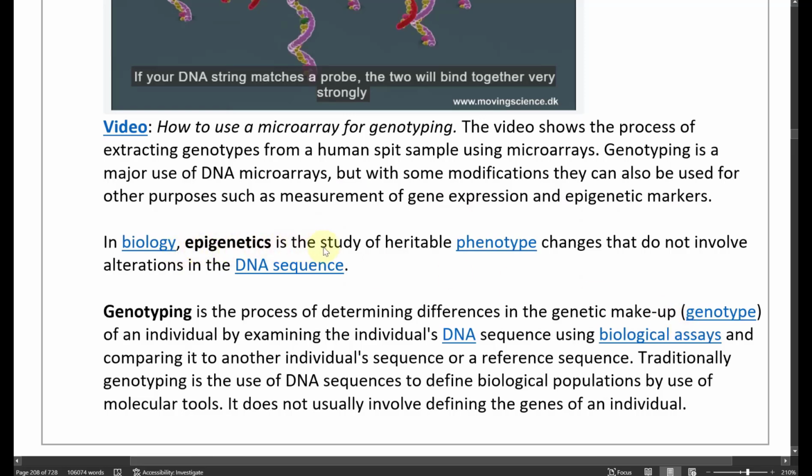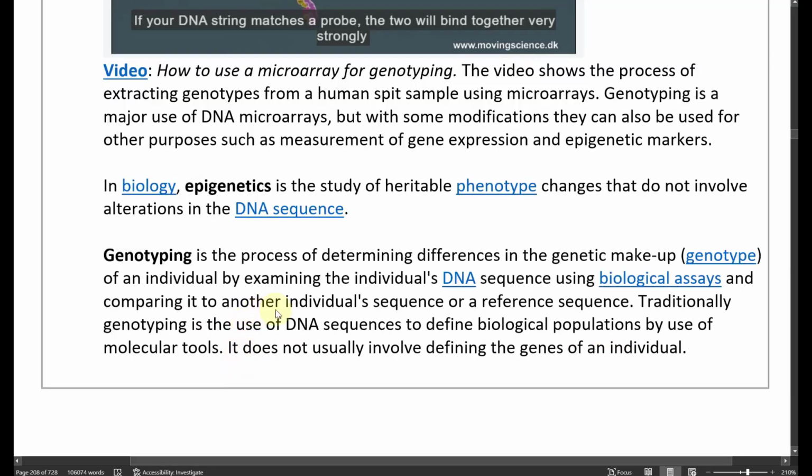In biology, epigenetics is a study of heritable phenotype changes that do not involve alterations in the DNA sequence. And before I get to the video, genotyping is a process of determining differences in the genetic makeup, hence genotype, of an individual, by examining the individual's DNA sequence using biological assays and comparing it to another individual's sequence or a reference sequence.